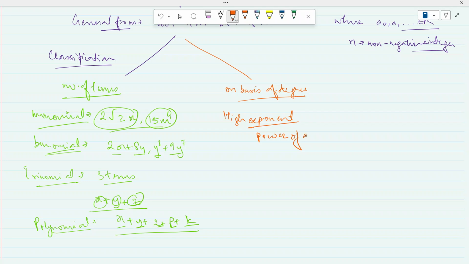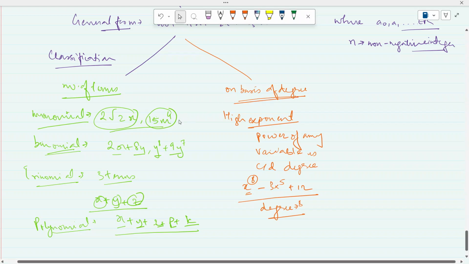For example, x power 8 minus 3x5 plus 12. Here the highest power of the variable is 8. So the degree of this polynomial is 8.